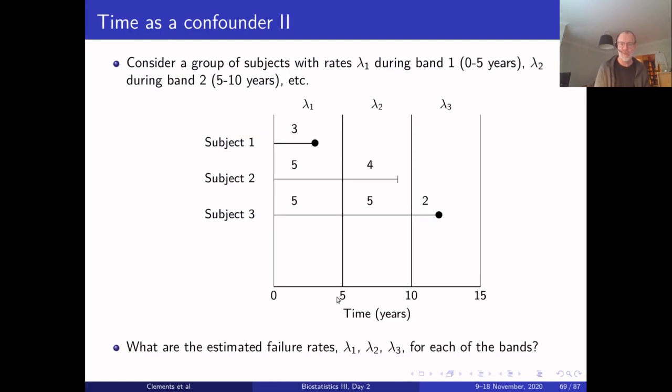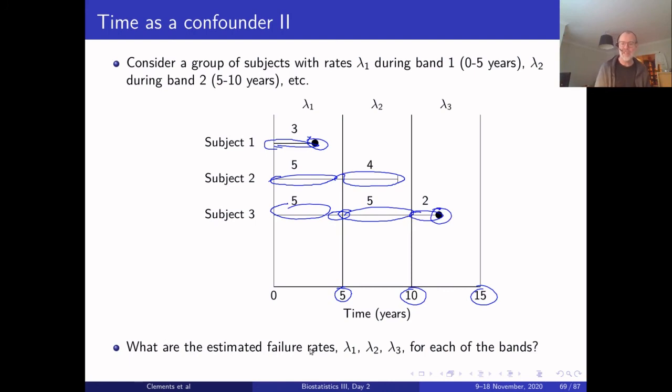So we do bins between 0 and 5, 5 and 10, and 10 and 15. Then we see that you've got person time here and an event, and person time here and person time here for the first interval. Then we find that there are no events in this time interval, but we have person time here and person time here. For this interval here, we have person time here and one event.